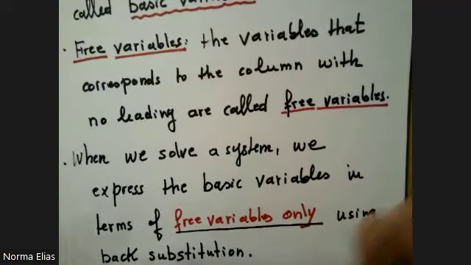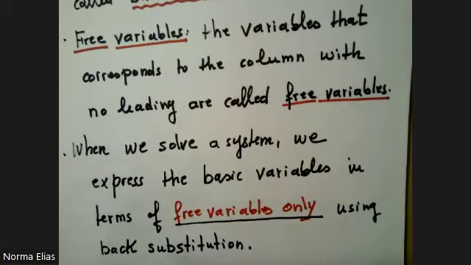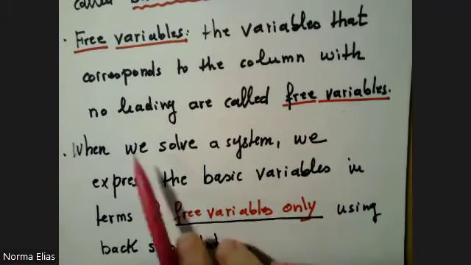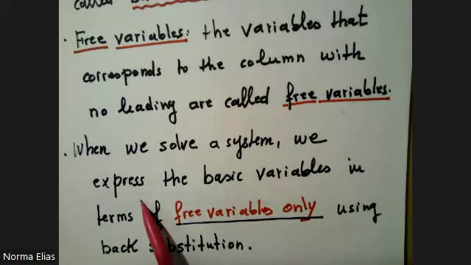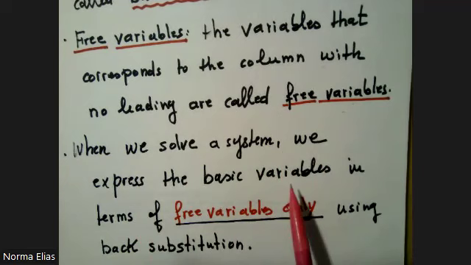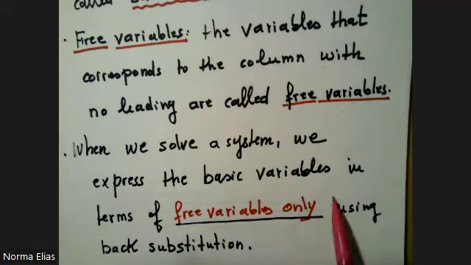That's always the scenario, because that's where we can most easily represent the solution. Now, when we solve a system, how can I give you all the solutions? When we solve a system, we express, and that's crucial, the basic variables in terms of the free variables only, using back substitution.